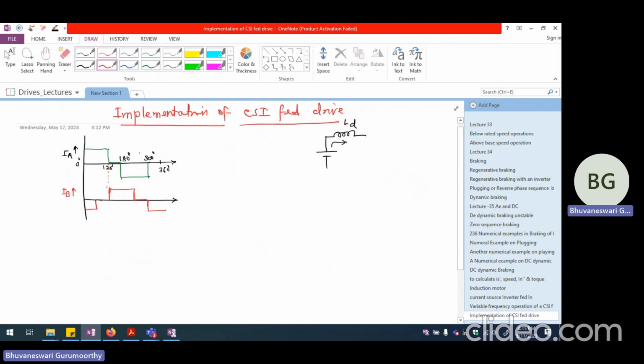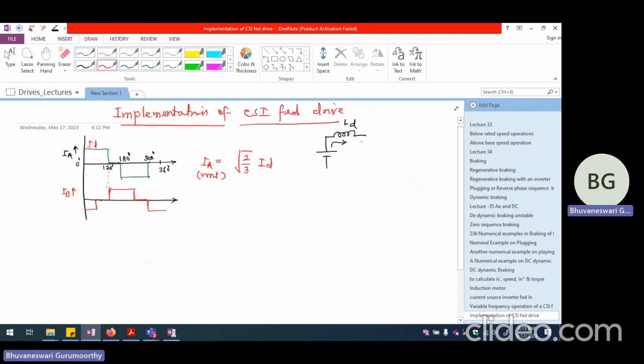And the RMS value will be very similar to what we derived in the case of rectifier. So if I call this ID, we are going to have root of 2 by 3 times ID as the RMS value of current corresponding to A phase, B phase, and C phase respectively.